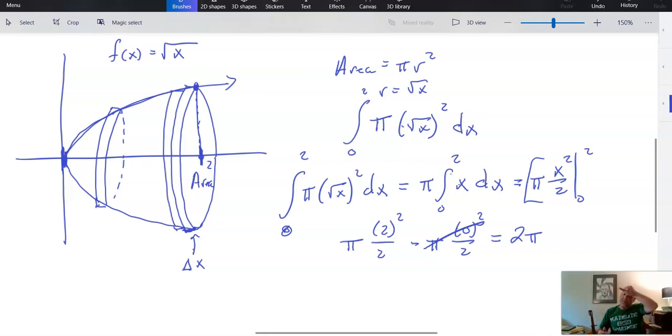Now, I want to point some things out too. If you were given this problem from the beginning, I spent some time just talking it in, but what you would be given would look like this. Let's see, find somewhere I have the room to write it.